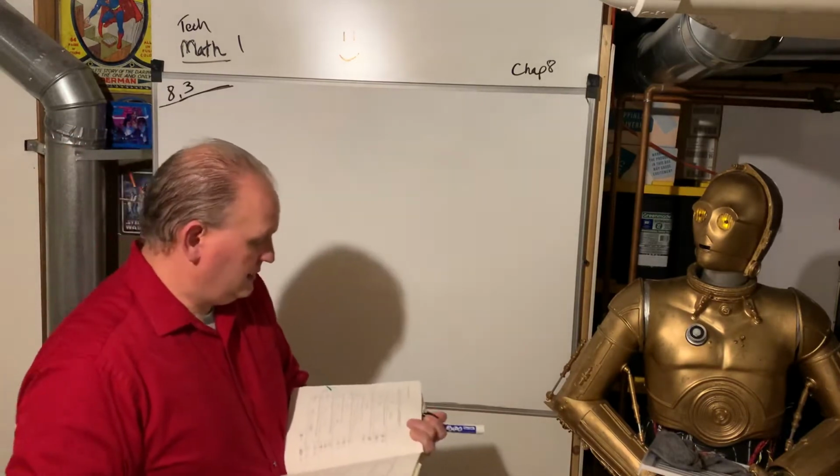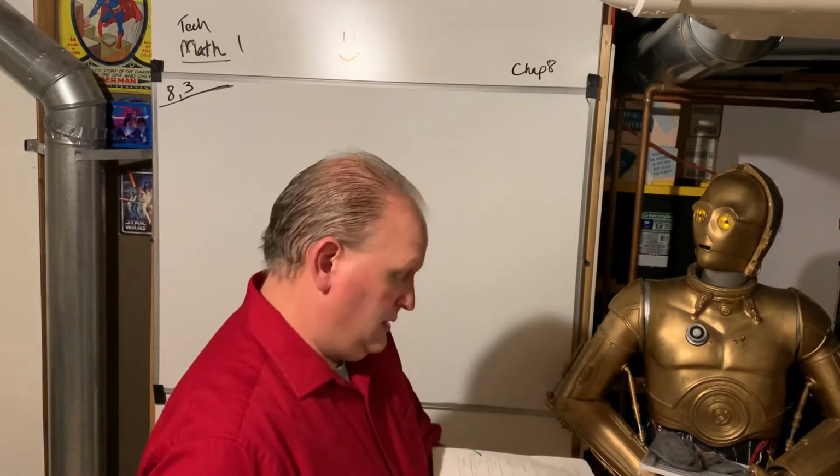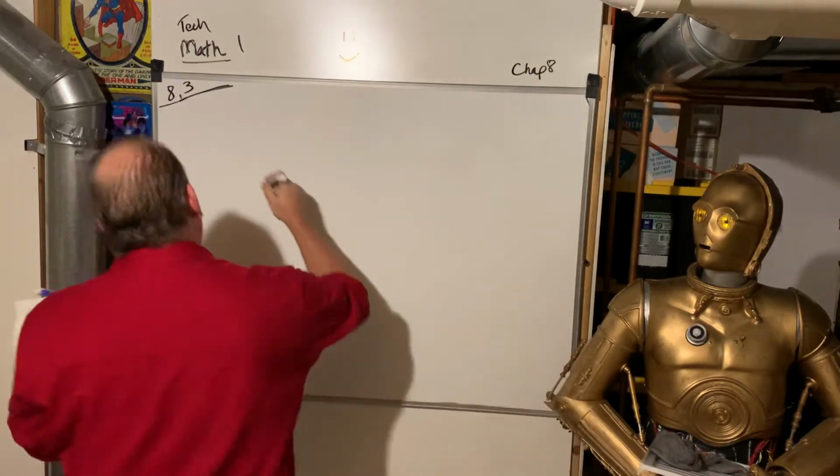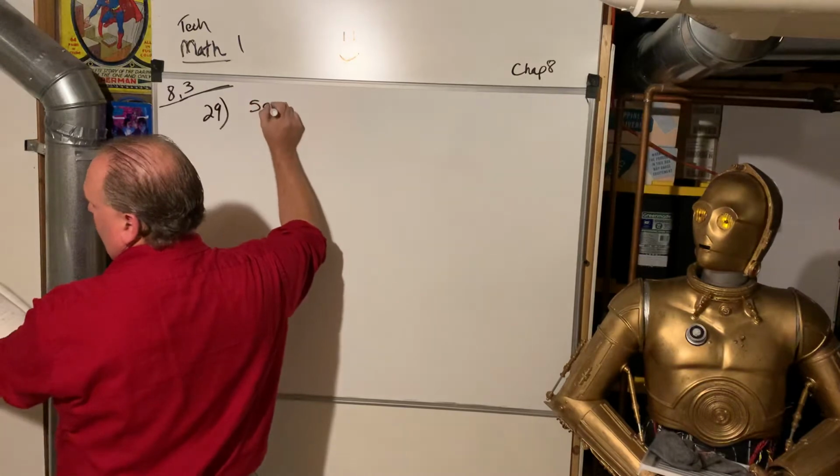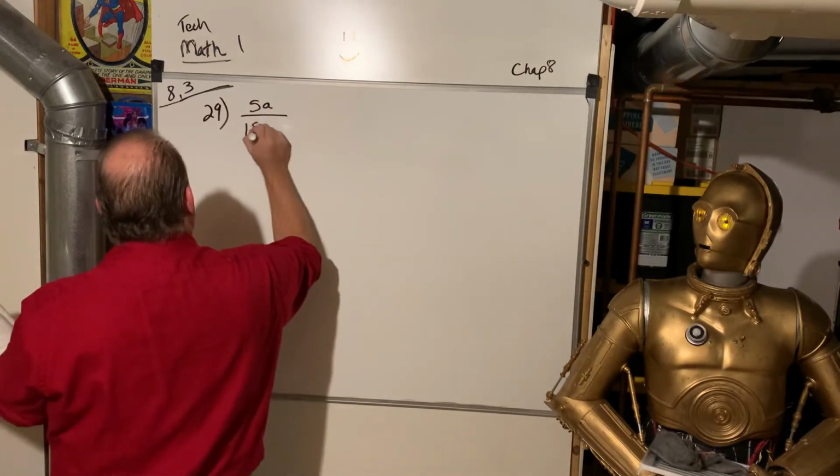All right, let's look at 29. We've got 5a over 15at.